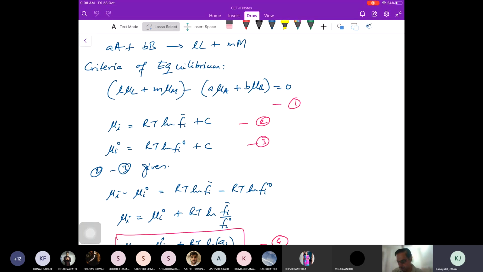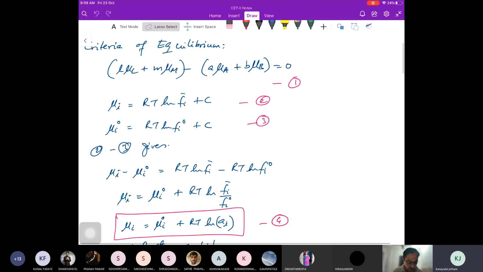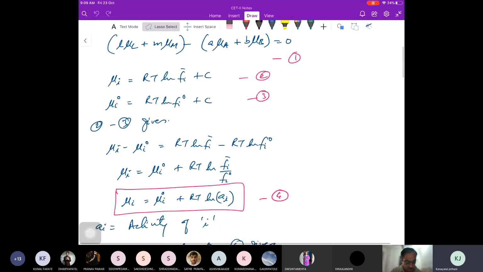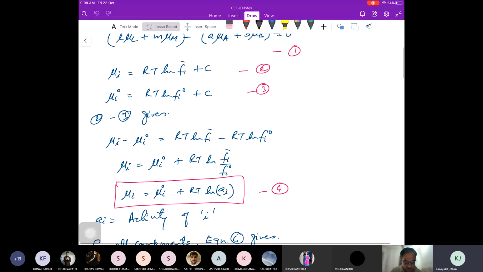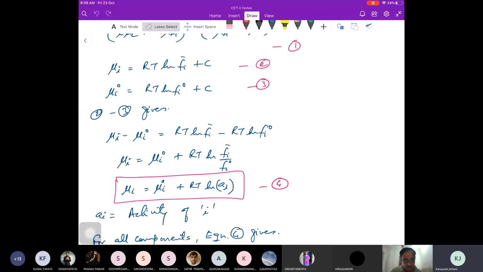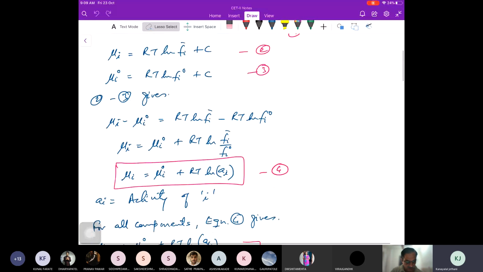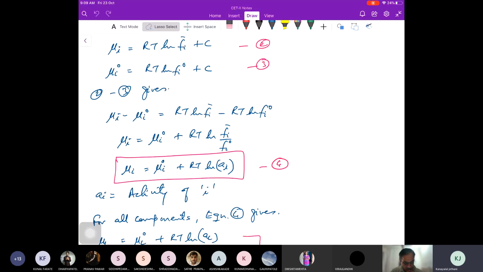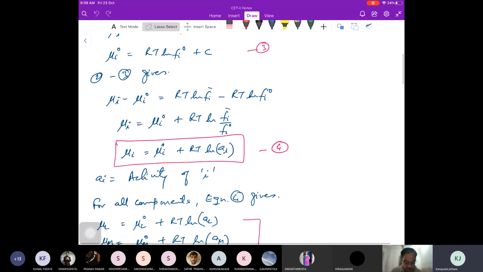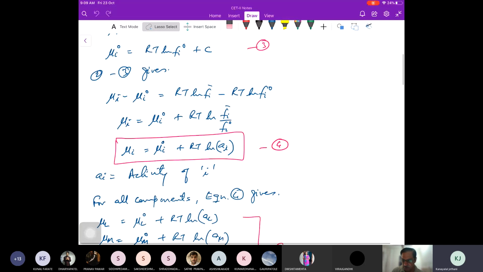And we know that mu i, the chemical potential of component i in solution, is RT ln phi i bar plus C. And at standard state, it is mu i 0 equals RT ln phi i 0 plus C. If you take 2 minus 3, you'll get mu i minus mu i 0 is equal to RT ln phi i bar minus RT ln phi i 0, which you can write as equation 4: mu i is equal to mu i 0 plus RT ln a i. a i is nothing but phi i bar upon phi i 0, the activity.